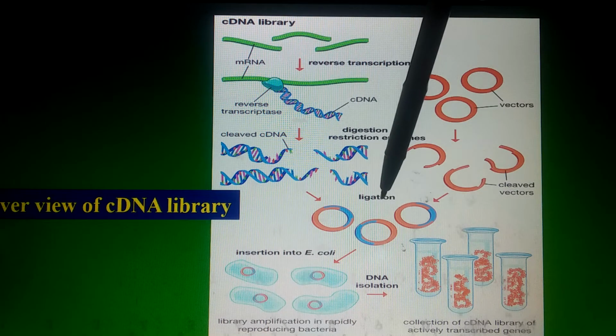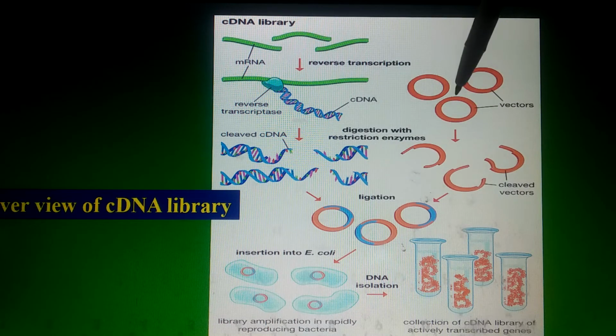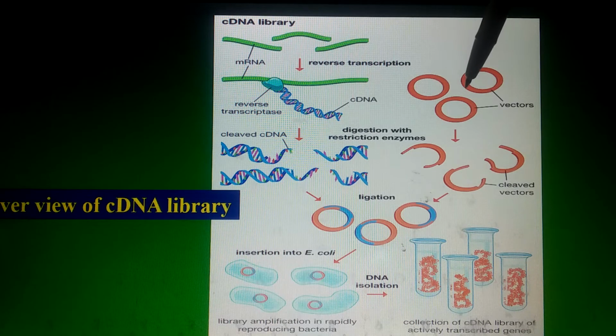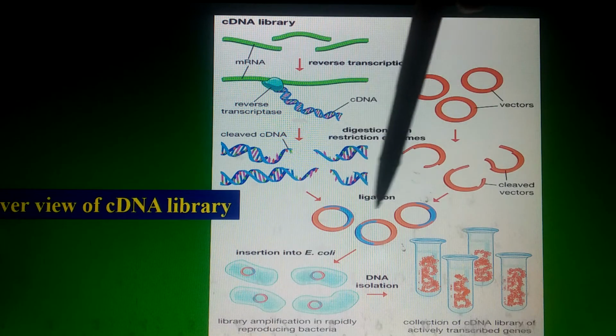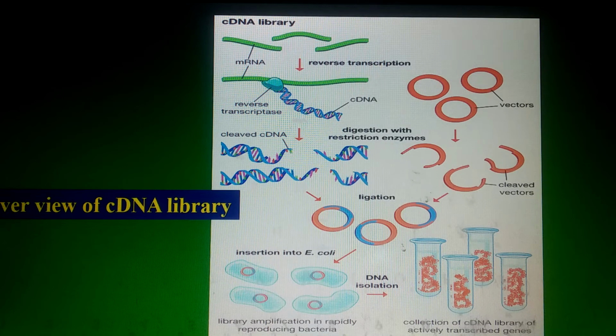Then both cut pieces, the fragments of the cDNA and the vector, reunite by using the ligase enzyme, and are then inserted into the bacterial cell for amplification. So in this way you can easily construct your cDNA library.